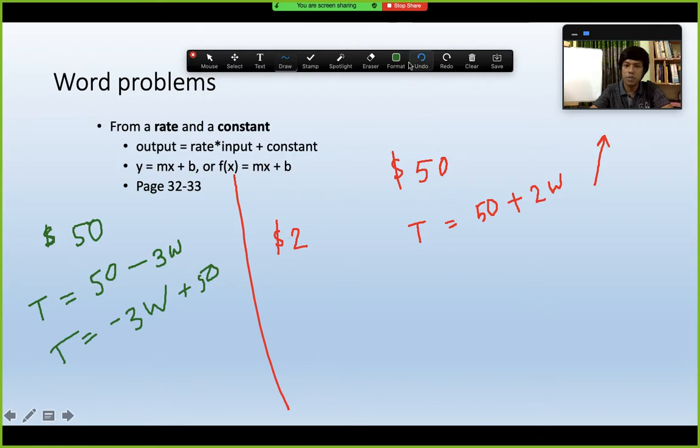And this thing also sometimes we write like this: 2W plus 50. This line and this line are exactly the same lines. Mathematically there is no difference. In this case the money is decreasing, and in this case the money is increasing. If money increases, then the sign is plus. If money decreases, then the sign is minus.